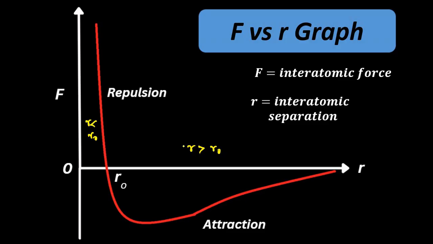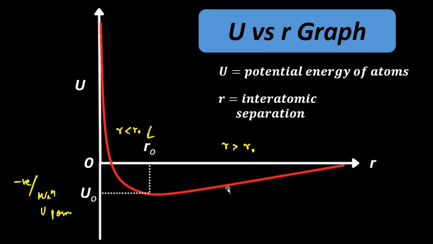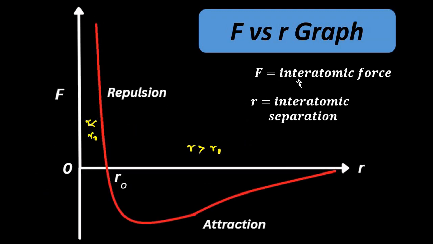It becomes positive and increases sharply. So the nature of both graphs is the same: a certain negative value where R is greater than R0, and a sharp increase when R is lesser than R0. R is the interatomic separation, U is the potential energy, and F is the interatomic force.